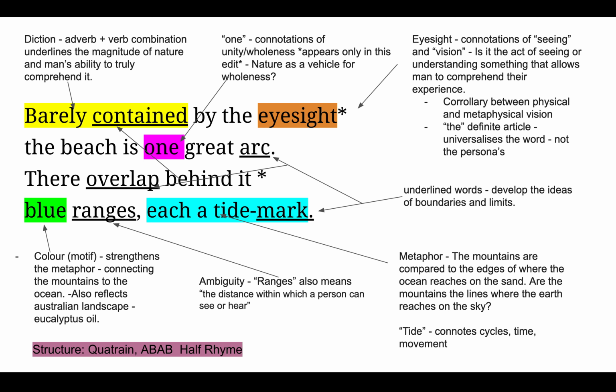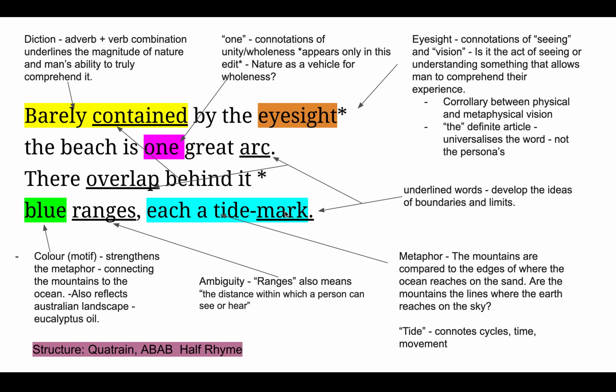Okay, and I think throughout the poem there is this tension between what we can as men and as people see and understand, where two worlds collide, where two worlds meet, where two states meet, is happening throughout the poem, and these underlined words develop those ideas there. Contained, arc, overlap, ranges, and mark.